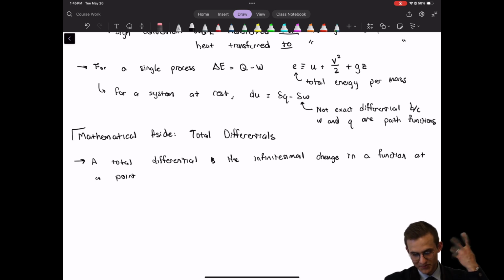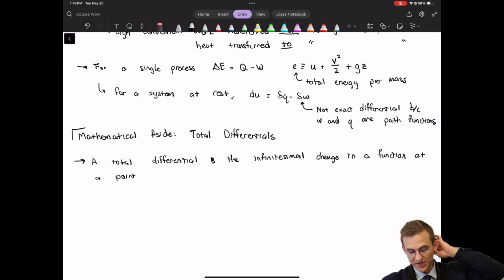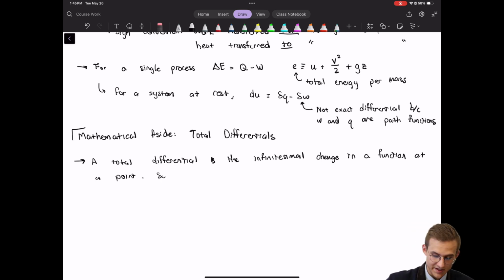It involves some abuses of mathematical notation, but it's very useful, especially in the context of thermodynamics.